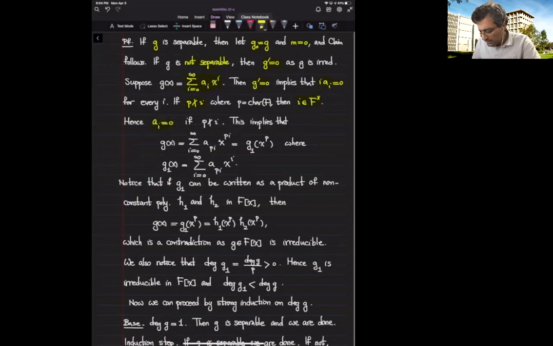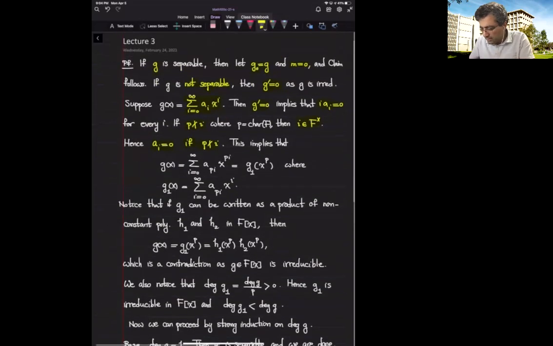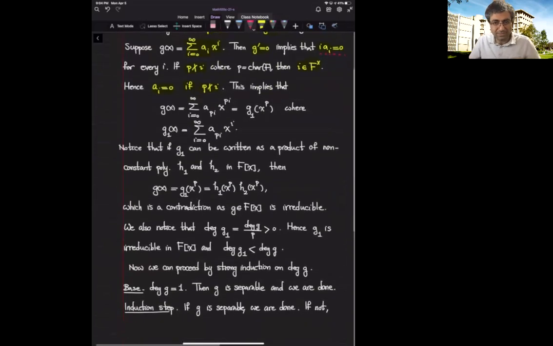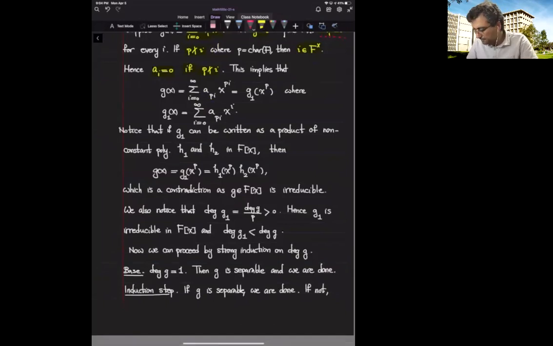So a sub i is 0 automatically when p doesn't divide i. And remember, if p does divide i, this condition is redundant because p divides i and p is the characteristic. So I do have that equality for free. So this equality is a meaningful condition only when the characteristic does not divide i.